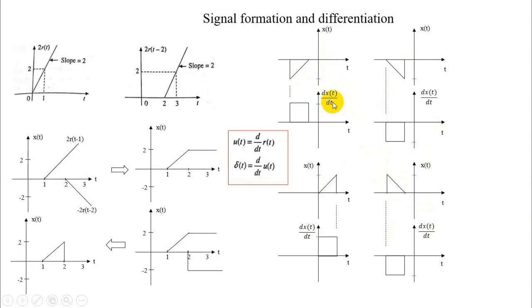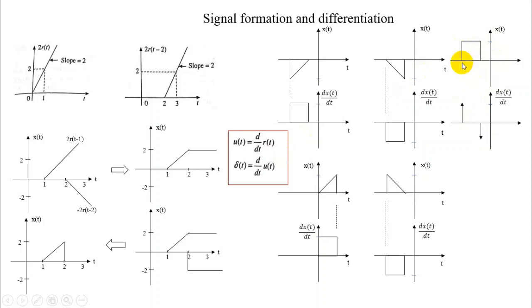And now, if we are given a unit step function and you need to differentiate that, these are the cases. If you have to determine the derivative of this unit step function, then you will get an impulse at that point, also here at that point.